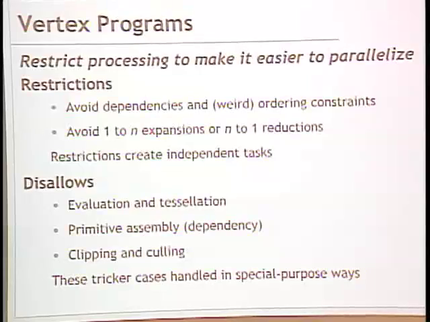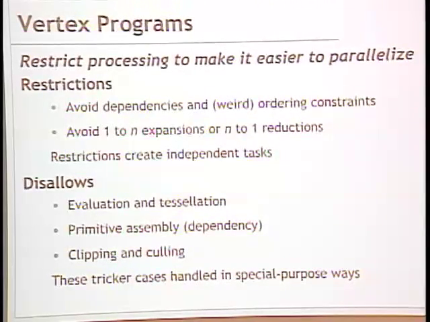Doesn't work. You can't send in one vertex and get 0 vertices out. Definitely not. It is 1-to-1. That makes it easy to parallelize, because if you have one processor, great, 1 in, 1 out. You have 2 processors, great, 2 in, 2 out. There's not any ordering. There's no issue with dependencies between them. Every pipeline is completely separate, and that's good from a hardware point of view.